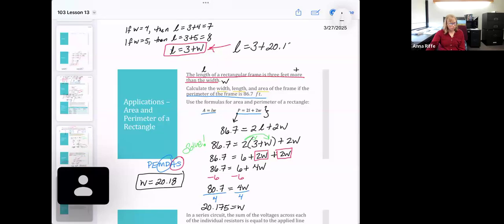I can use the rounded version here because I am just adding. So that's equal to 23.18. That gives me the second part. 23.18. And it looks like both are feet. Okay, are we okay so far? Generally, once you get that first variable, the others take a little bit of calculation, but not as much.